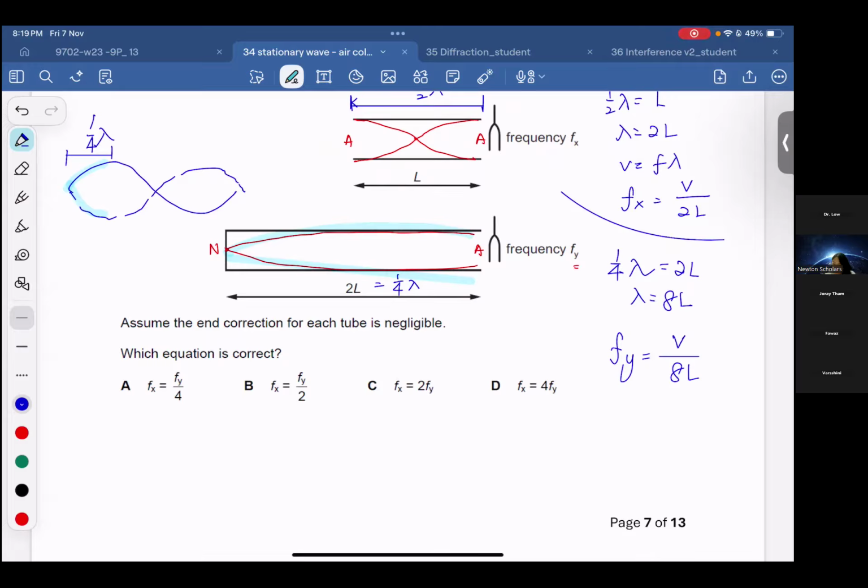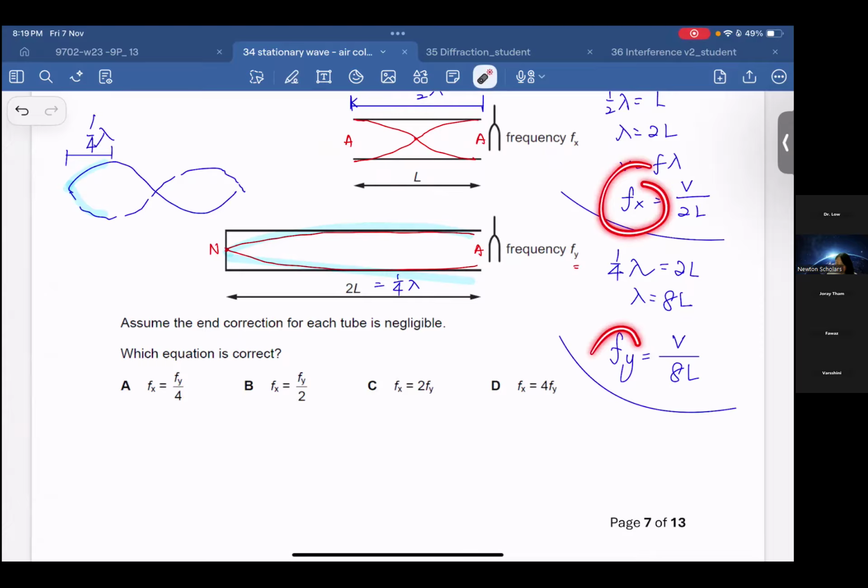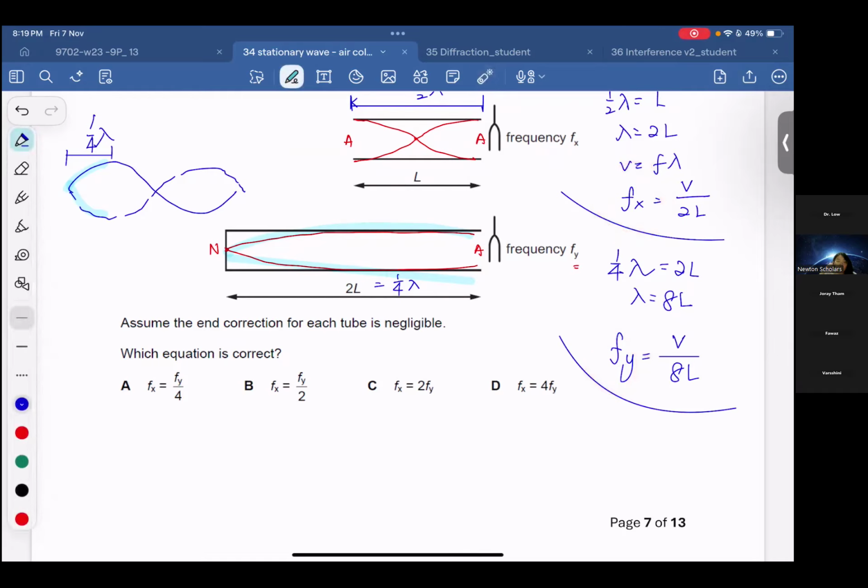For this kind of question, how do we solve? They want to find a relationship between these two terms. I will always use ratio. So I use Fx divided by Fy. Fx is V over 2L, and Fy is divided, so I change it to times and turn it upside down, 4L divided by V. At the end, V and V cancel out because this is the speed of sound in the air, which is the same.